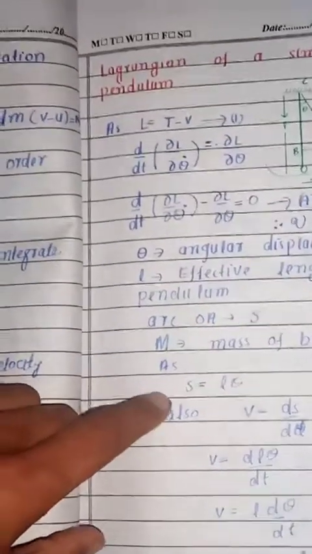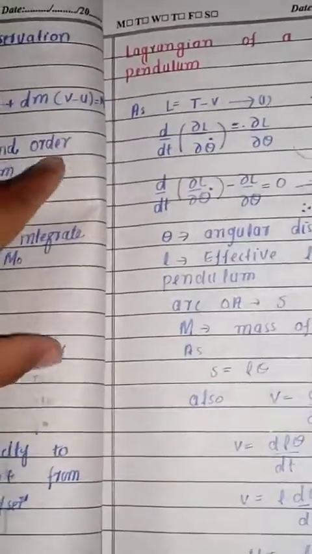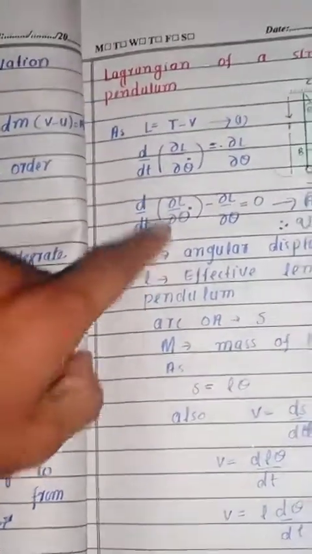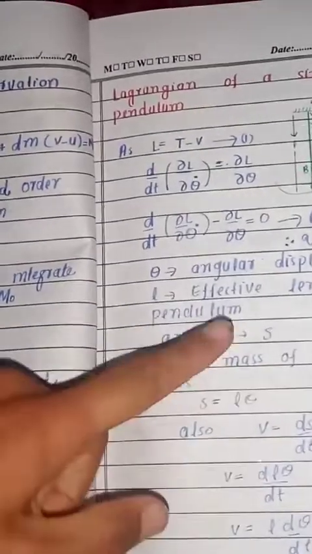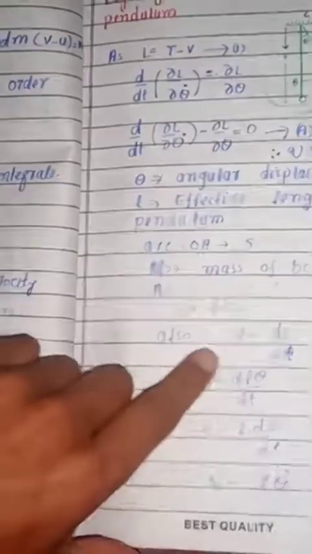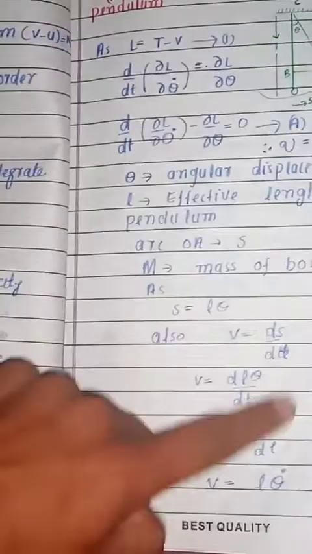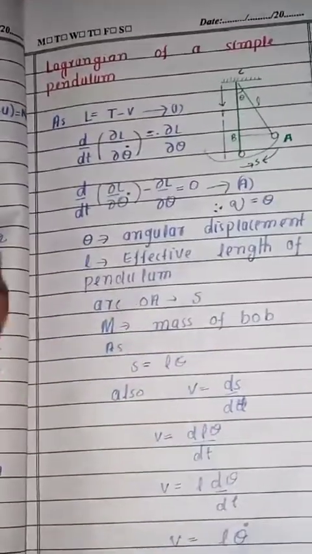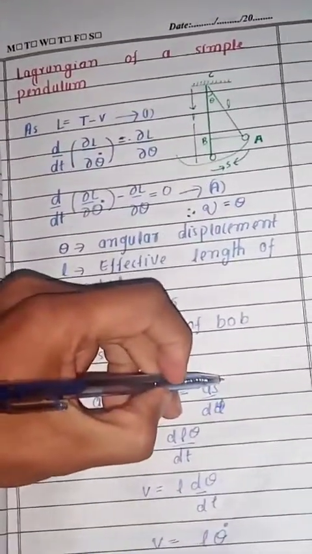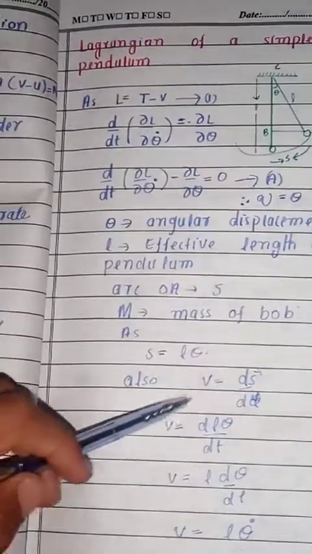We know that theta is equal to S divided by L, so by cross multiplication S is equal to L theta. We also know that velocity is the rate of change of displacement, so V is equal to ds divided by dt.